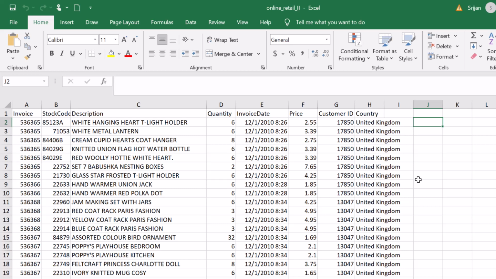But based on invoice date, based on the pattern of buying of the customer, how much that person is purchasing and how frequently, we can segment the customers into different groups, and then we can target the marketing strategy. So that's one example of unsupervised learning.